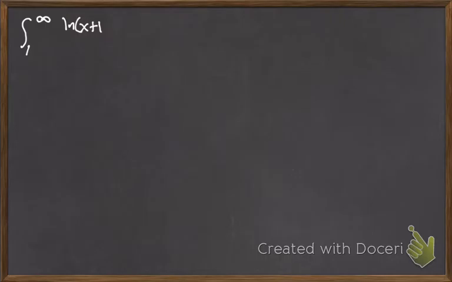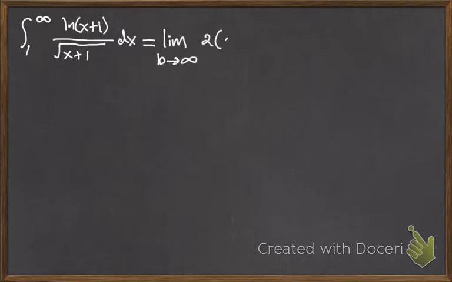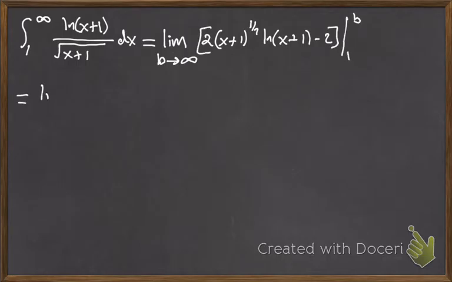So the improper integral of ln of x plus 1 divided by the square root of x plus 1 dx is equal to the limit as b goes to infinity of 2(x plus 1) to the 1/2 power times the natural log of x plus 1 minus 2, evaluated from 1 to b. I think I missed my parentheses here.